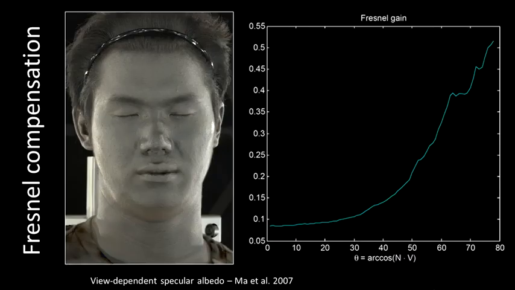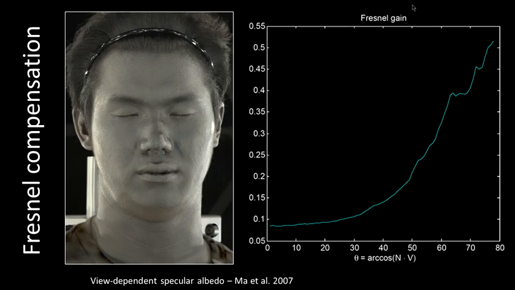Another thing that helped is that we also addressed a problem we had with Digital Emily, which is that specular reflections get brighter as you get to grazing angles. That's certainly just as true under polarized light, even more so. In the great words of Chris Nichols from Chaos Group, everything has Fresnel, and faces certainly do.